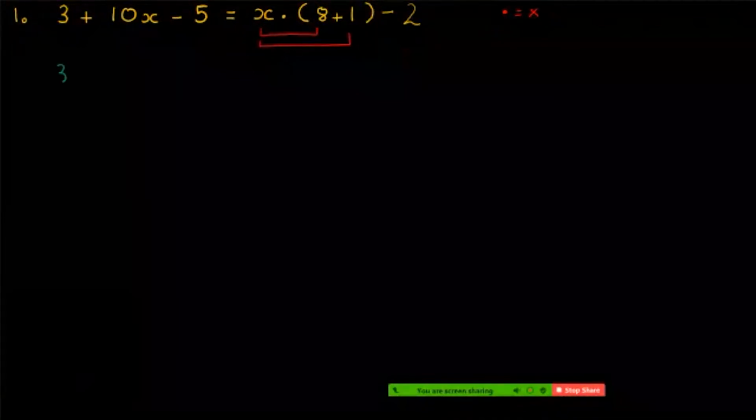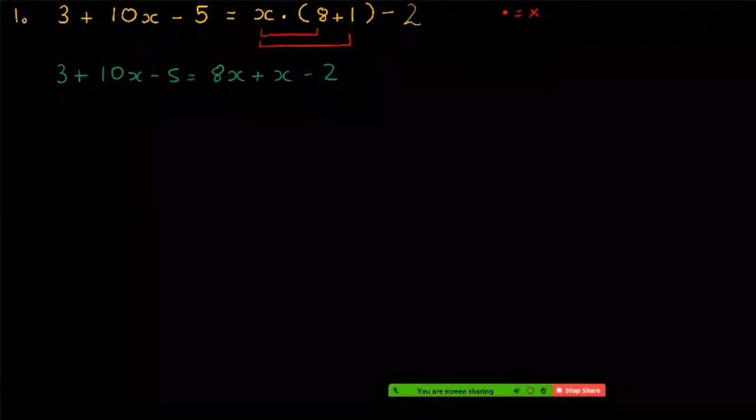So rewrite the equation: 3 plus 10x minus 5 equals, x times 8 is 8x, plus x times 1 is x, minus 2. Now we want to collect like terms.